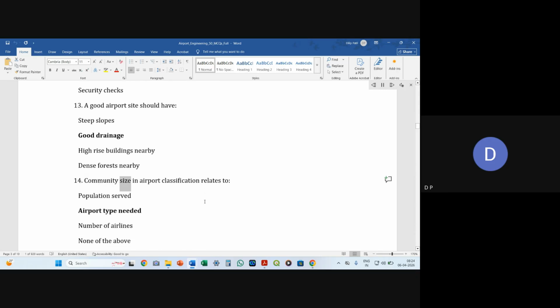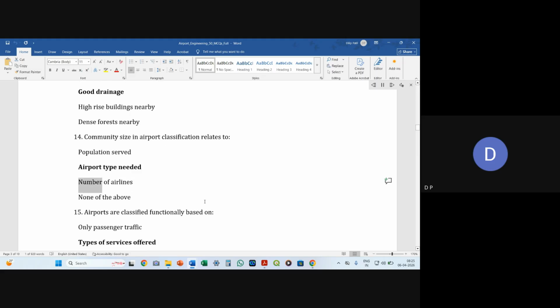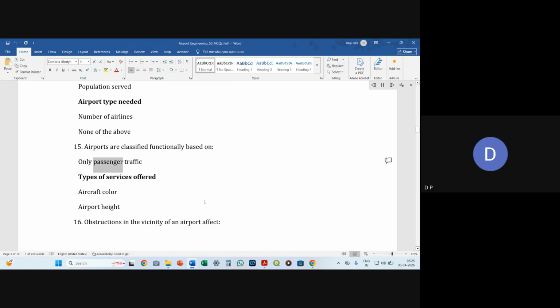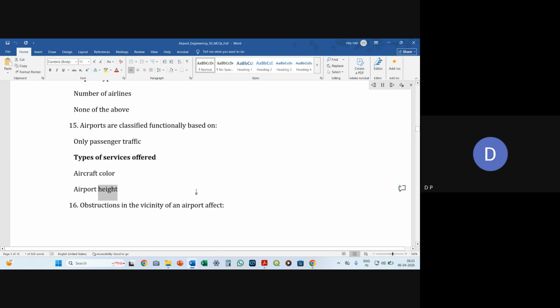14. Community size in airport classification relates to population served, airport type needed, number of airlines, none of the above. 15. Airports are classified functionally based on only passenger traffic, types of services offered, aircraft color, airport height. 16.